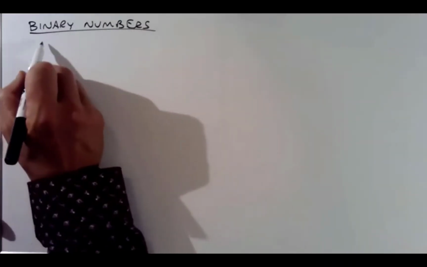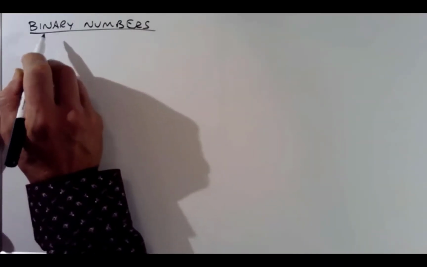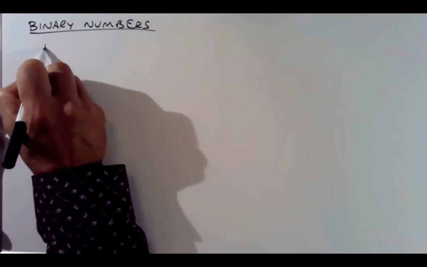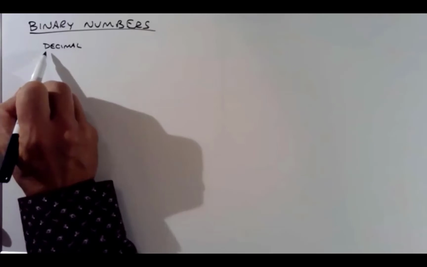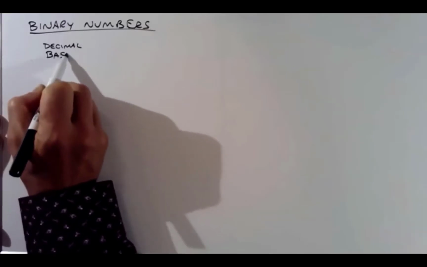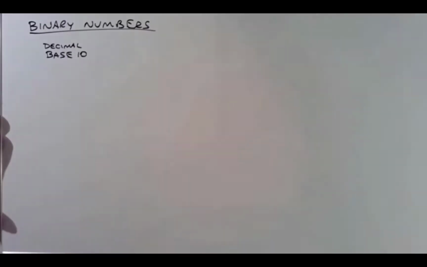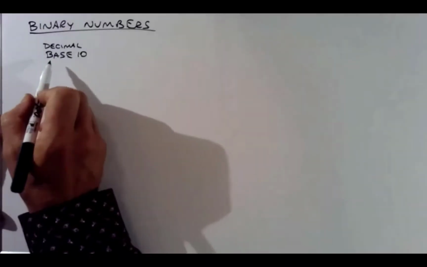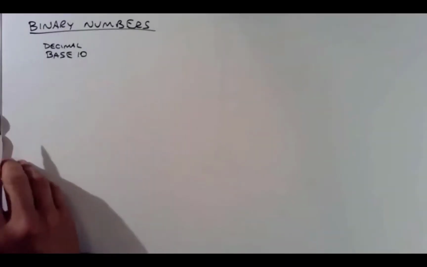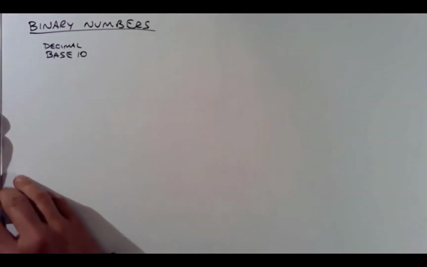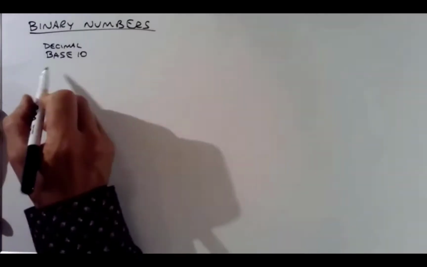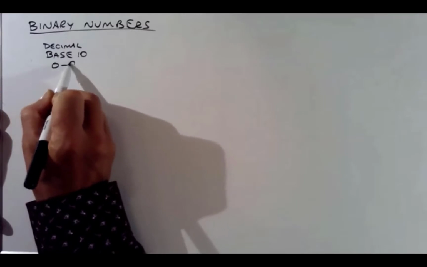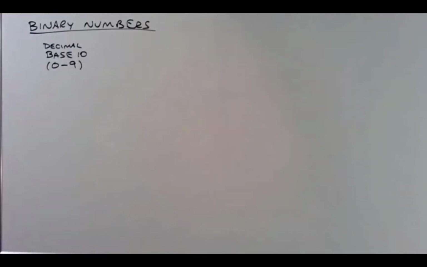So if I have a number in decimal, and decimal is base 10, that's what decimal means. And base 10 means you have 10 symbols to represent per digit to write a number. You have 0 through 9, right? Those are 10 symbols you can use for each digit.